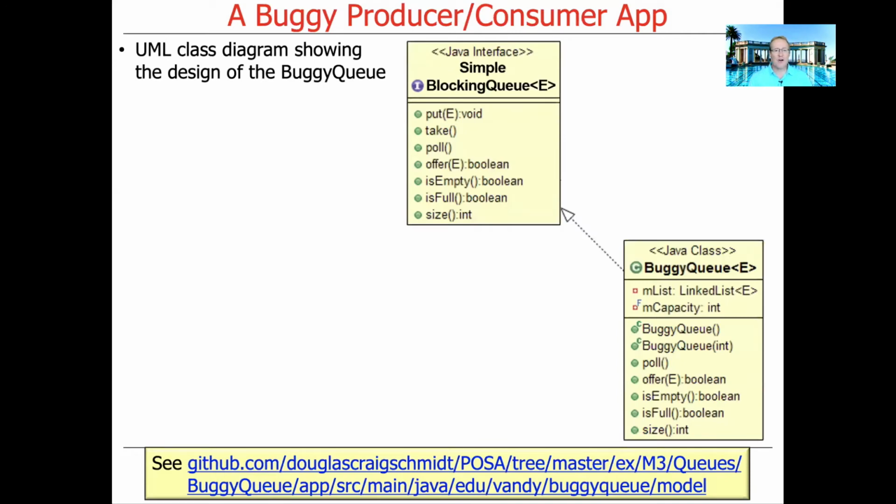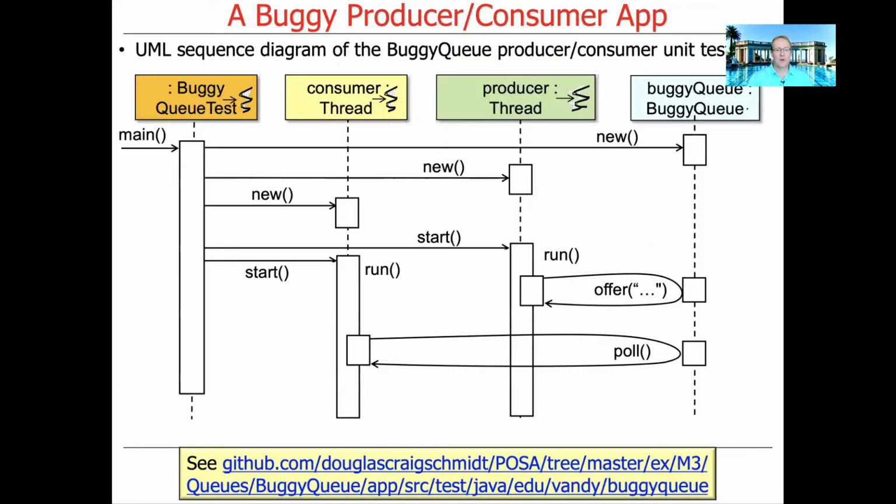Here's a UML diagram that shows the relationship between the various elements in the design. You can see here we have an interface, which I call SimpleBlockingQueue, which is kind of a subset of what's in Java's BlockingQueue. Then we implement that SimpleBlockingQueue interface to make a BuggyQueue.